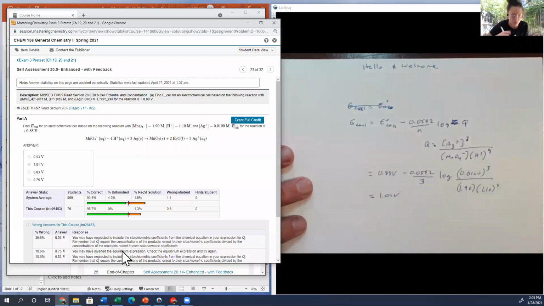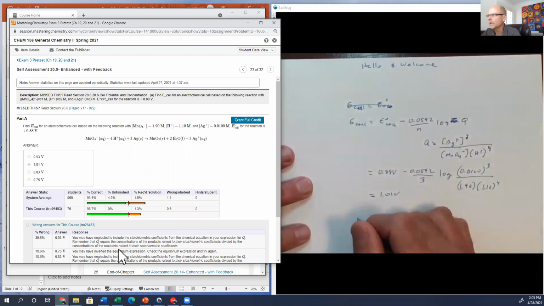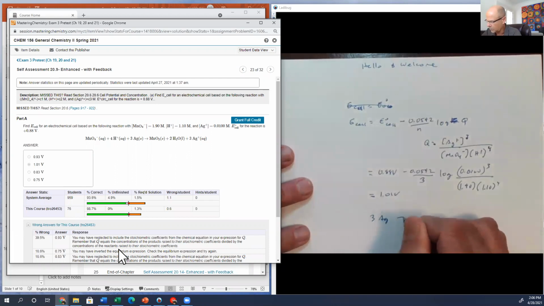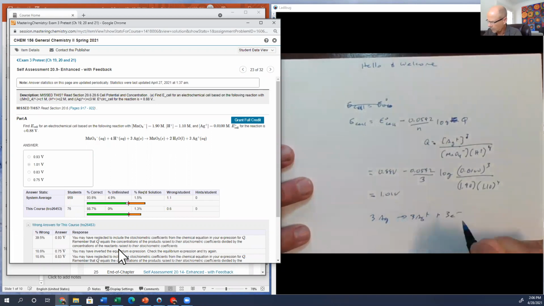Yeah, thank you. The part I was stuck on was finding the number of moles of electrons. Makes sense. So the other way you could do that is to say, my oxidation is 3 Ag goes to 3 Ag plus plus 3 electrons, and the reduction would be MnO4 minus plus 4H plus goes to MnO2 plus 2H2O.